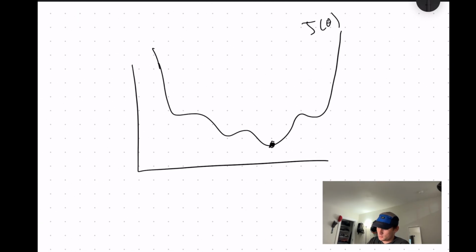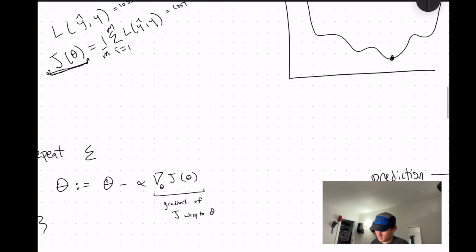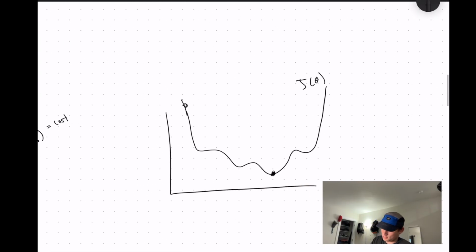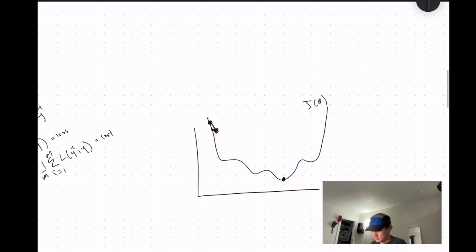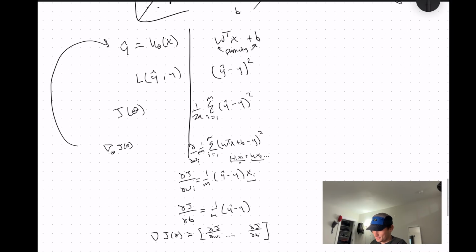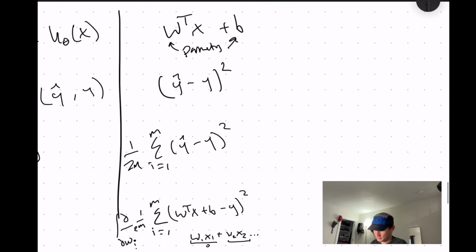So when you do gradient descent, you initialize your parameters randomly, anywhere. It doesn't matter. And so you want to find the direction to go and minimize J. So J over here is just this function, right?